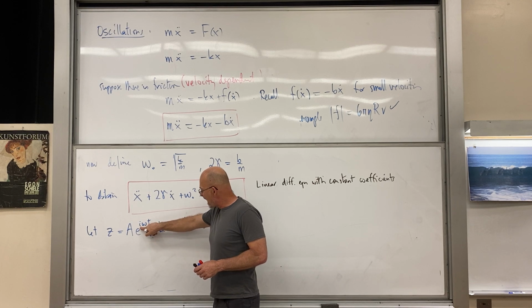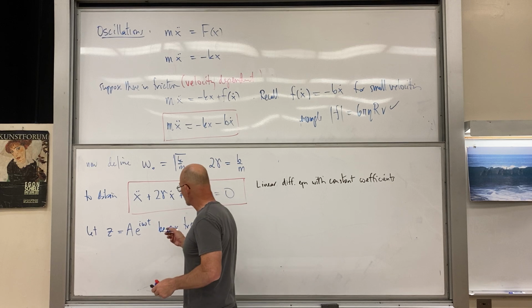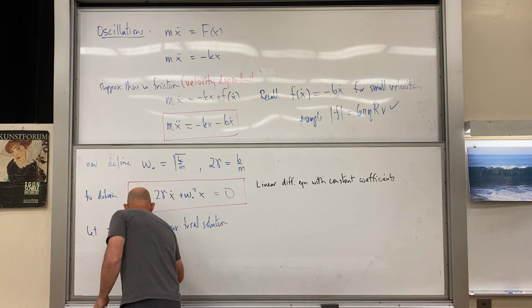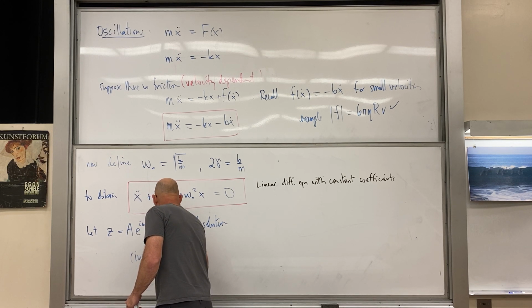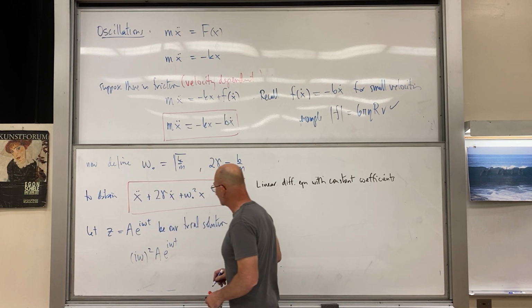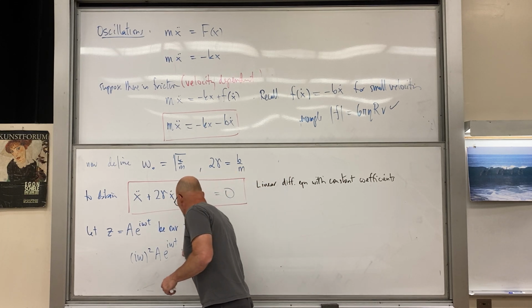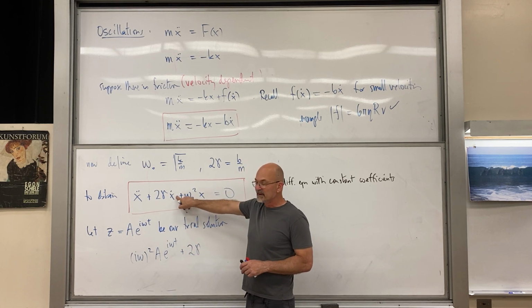That's just going to bring down i omega and i omega again. So we're going to get i omega quantity squared A e to the i omega t. Okay. So the next operation is this one here, plus 2 gamma. Now we're going to take one time derivative.